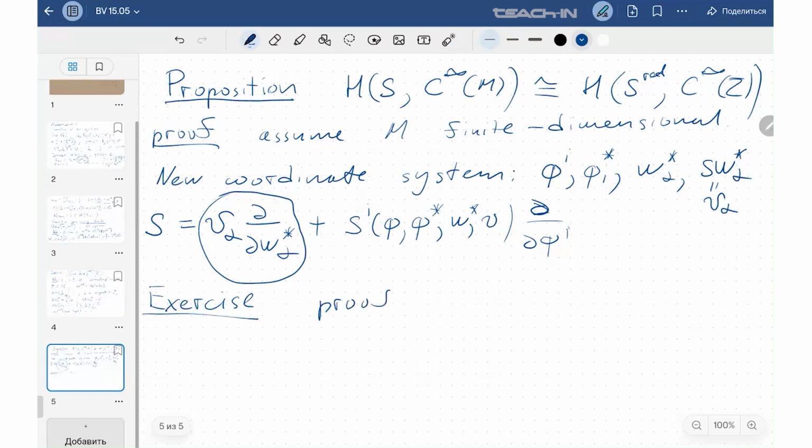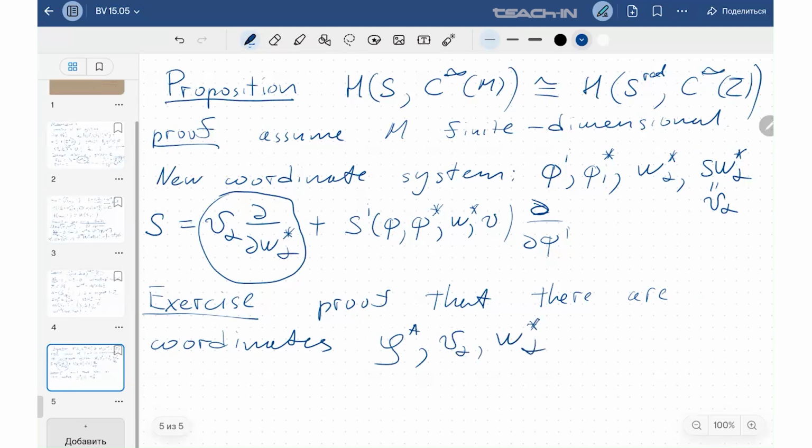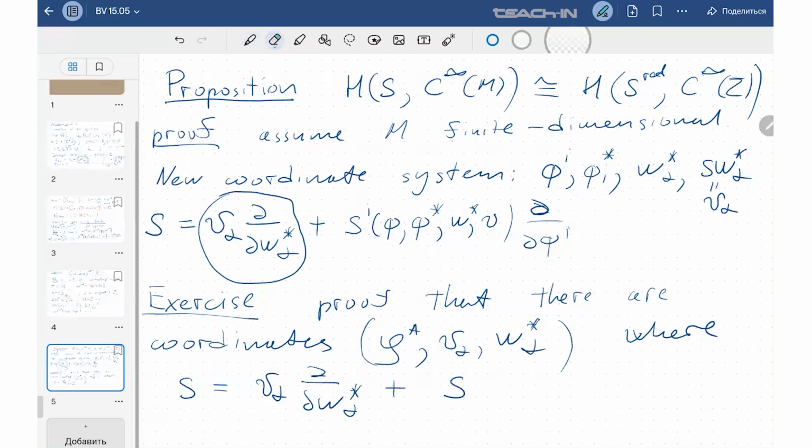Prove that there are coordinate functions, let me call it, let's say var phi, like this, which complete, so this is a full coordinate system where S equals to... no, I was not very careful.